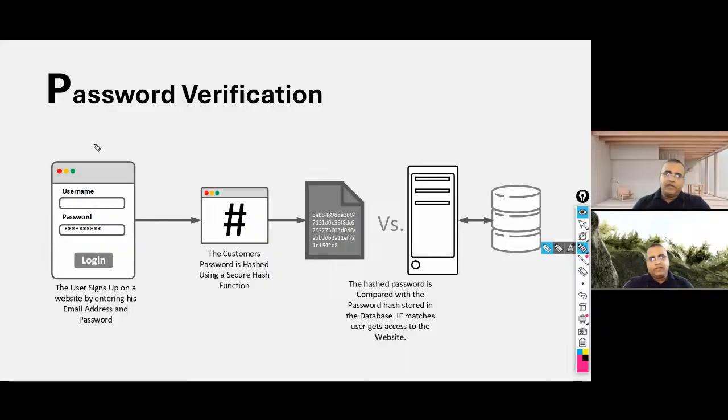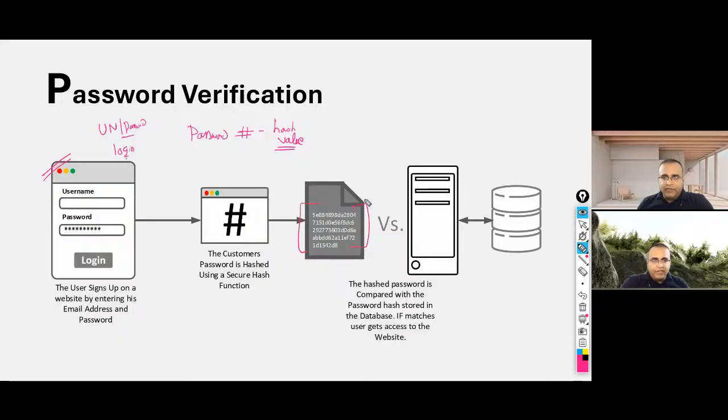Whenever you enter the username and password for the second time for the login process, your password is taken and hashed, and you get a hash value. That is this part, right?